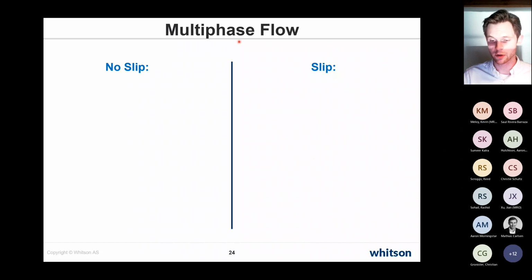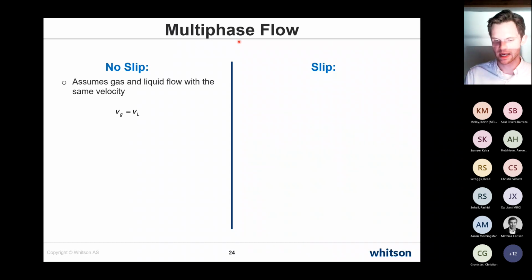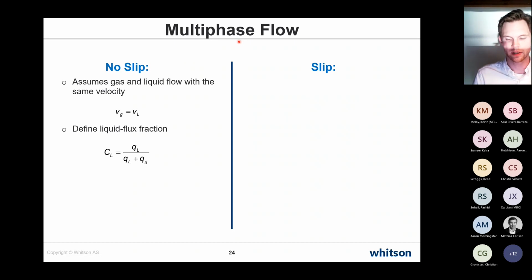If we assume that there is no slip, that translates into saying that both the gas and the liquid are flowing with the same velocity. There's no velocity difference between them. The difference between gas and liquid velocity, Vg minus VL, is the so-called slip velocity. But if there's no slip, then we assume that they're equal, and we can define the fraction of liquid by dividing the liquid rate by the sum of rates at any point in the well.